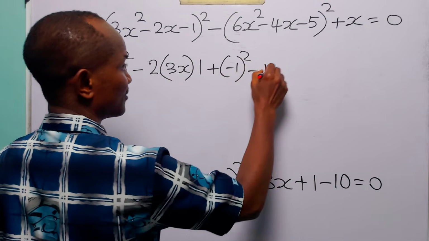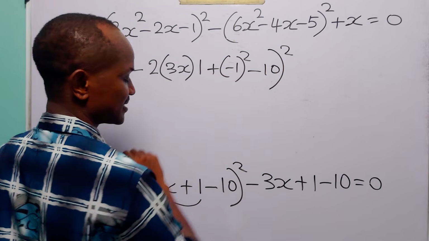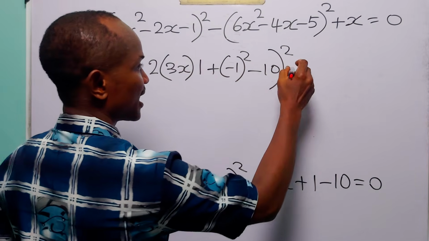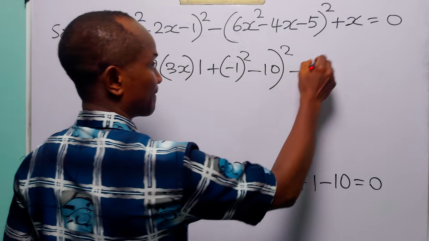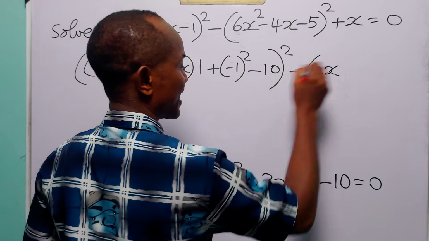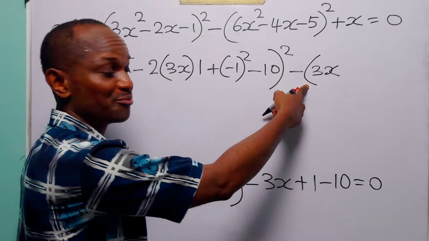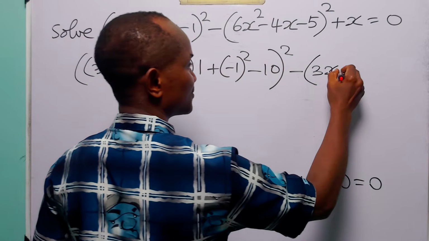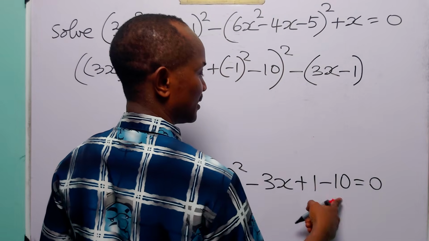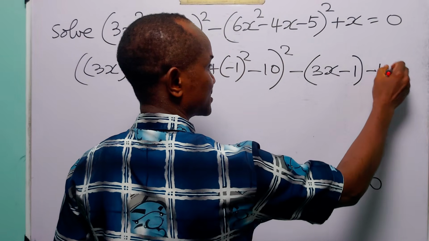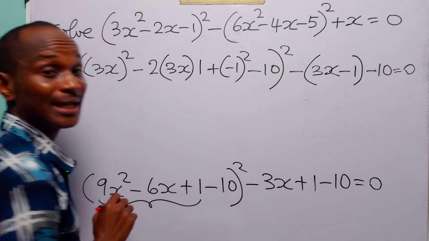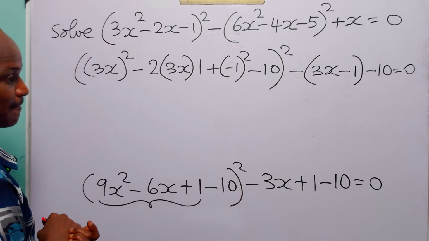Then we have minus 10. Everything is still squared. Then here we have minus (3x, because we now have a bracket, this is going to change to minus 1). Then we have minus 10, and this is all equal to 0.